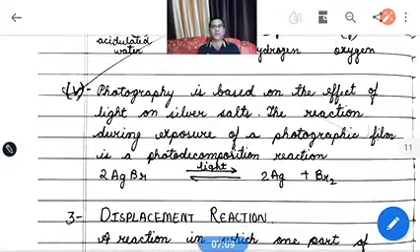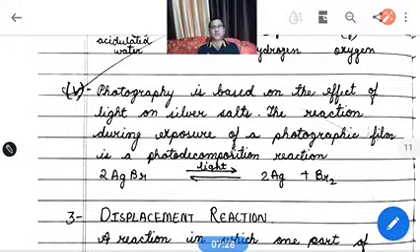Next, very important, photography. In photography we use silver bromide. So see the statement, photography is based on the effect of light on silver salts. The reaction during exposure of a photographic film is a photo decomposition reaction.